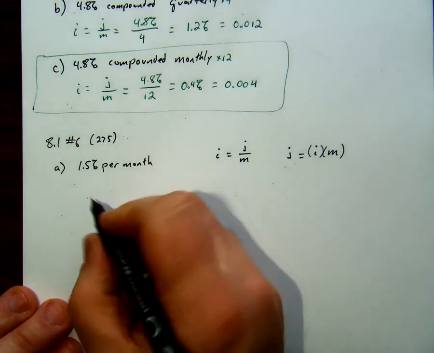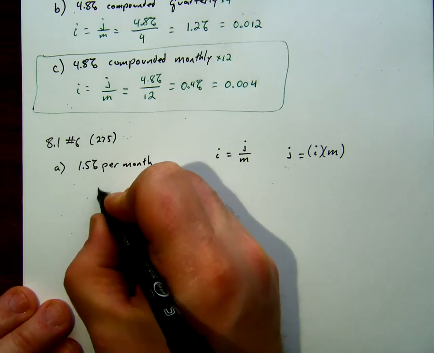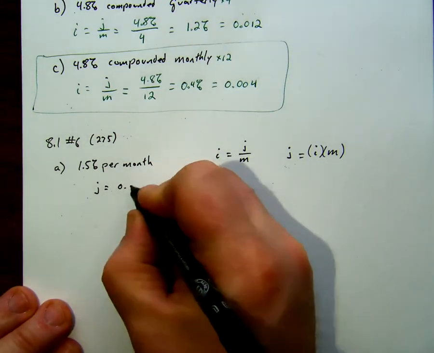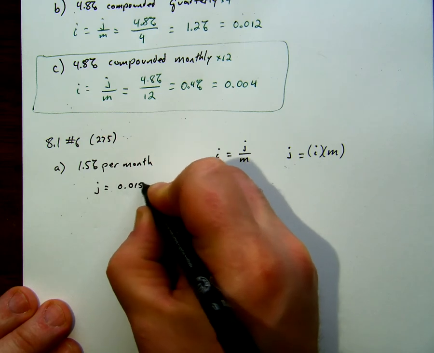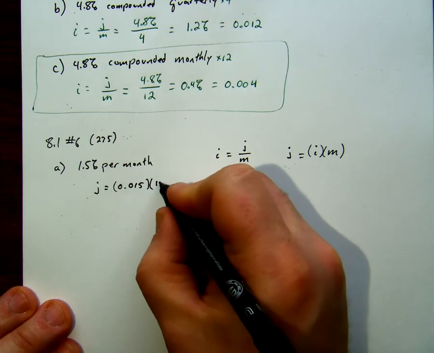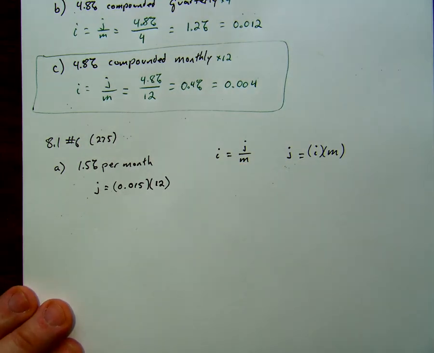So our example here, we're going to say 1.5% per month. So our J is equal to 0.015, 1.5% per month, times 12 months a year.